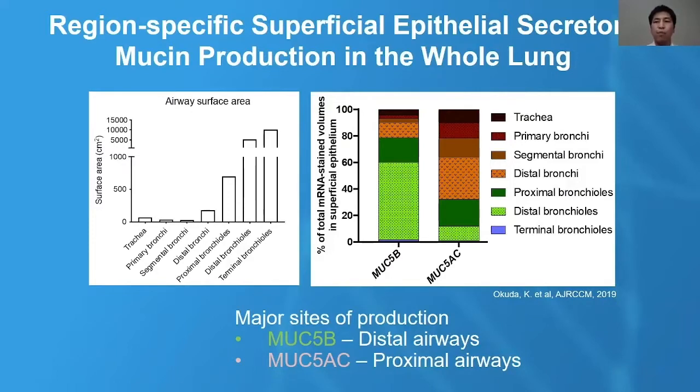Since MUC5B is expressed in small airways, our calculation reveals the small airway region as the predominant site for MUC5B expression. In contrast, since MUC5AC is absent in small airways, the predominant site for MUC5AC expression is large airways.